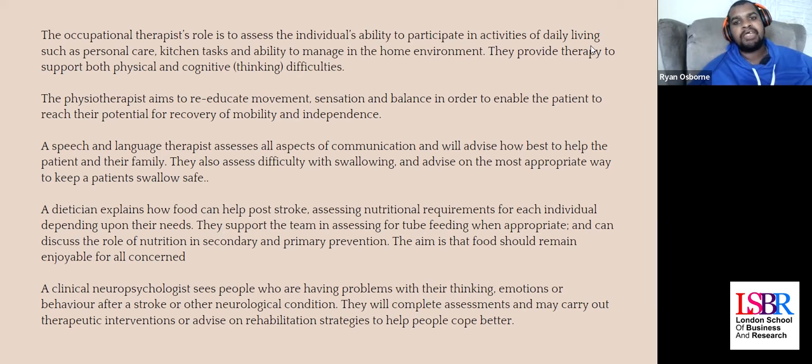Then they will assess difficulty with swallowing and advise on the most appropriate way to keep a patient's swallow safe. So not only do they help with speaking and listening, but they help with swallowing and eating and drinking.